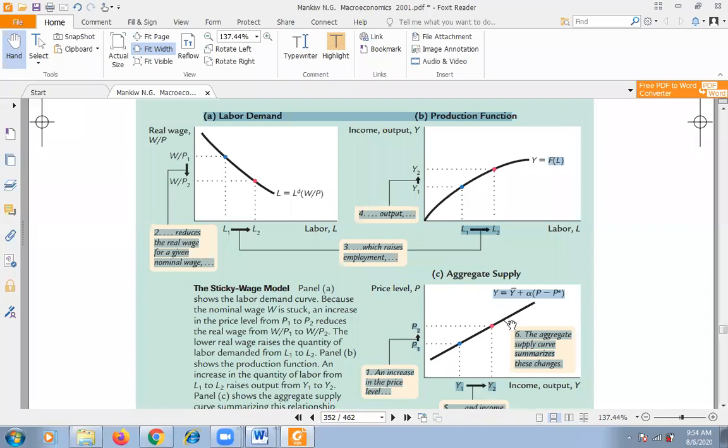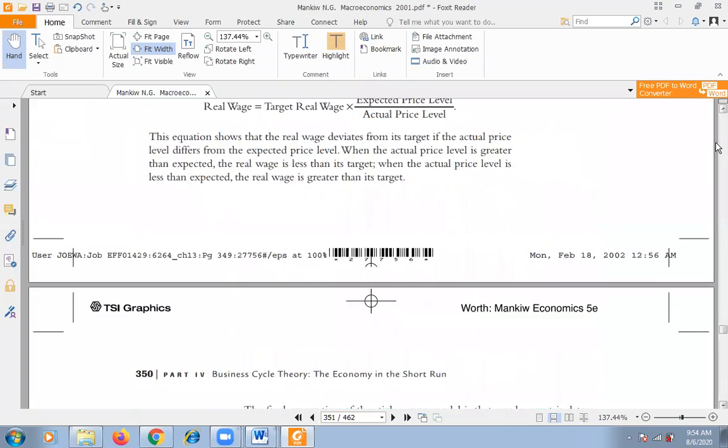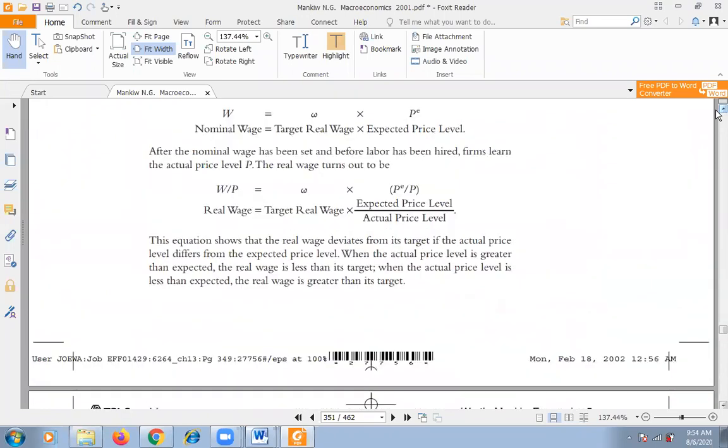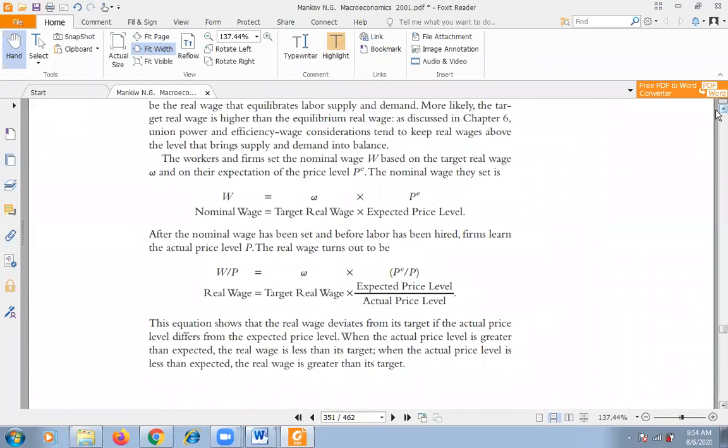And one thing that I want to make sure of is the real wage equation. Here, the nominal wage is equal to the target real wage multiplied by the expected price level. That is the formula for the target real wage.